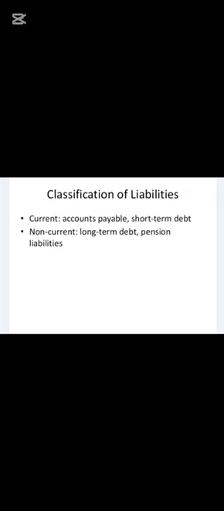The second category is the long-term liabilities, which is also known as non-current liabilities, and these are obligations that are due beyond 1 year. Examples are long-term debts, for example, bonds payable, mortgages, deferred tax liabilities, and pension obligations.